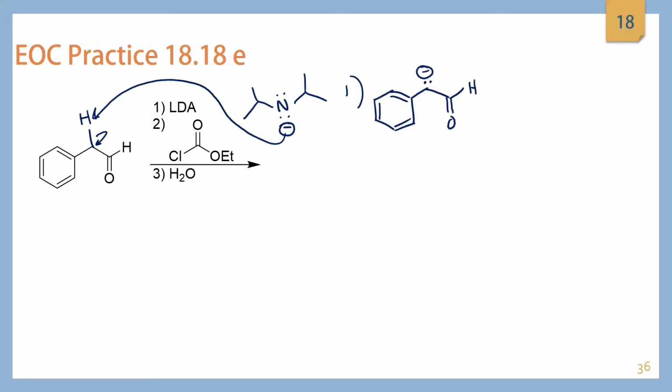So now I have an enolate, which is a good nucleophile, and then I have an acyl compound that doesn't really look like something that we've used before, but you do know what to do with an enolate and a carbonyl compound. You've seen that already in this chapter. So I'm going to attack that.